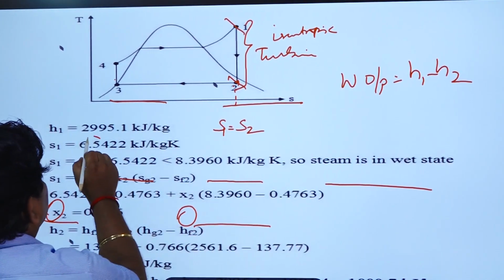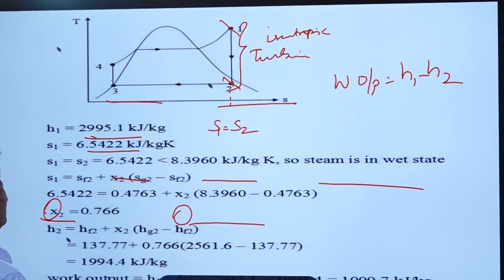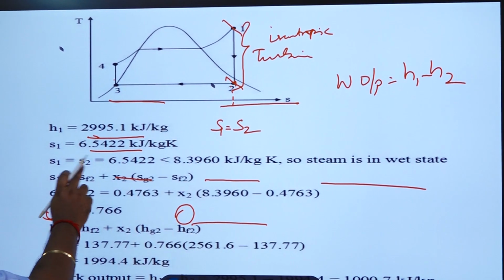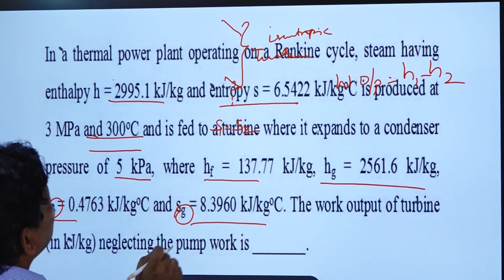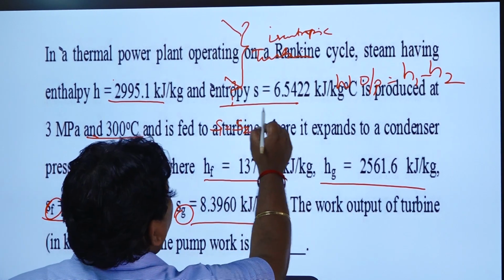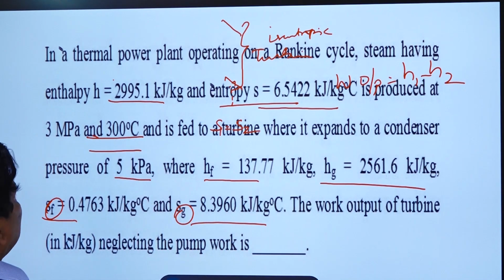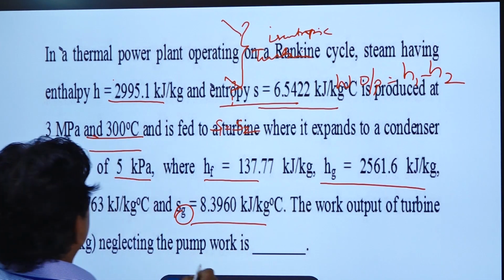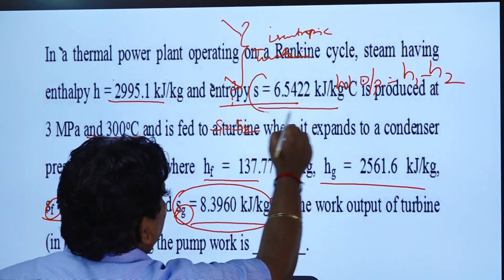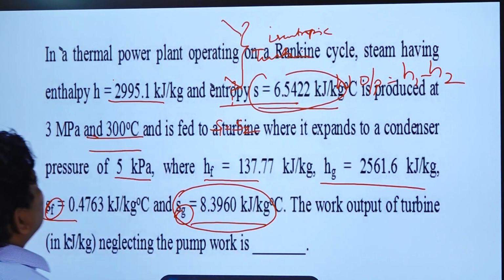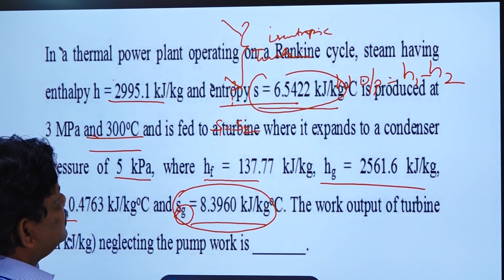The value of H1 is given to you, S1 is also given, and we know that S1 is equal to S2. Here the entropy values are given at the saturated gaseous condition and at the superheated condition.